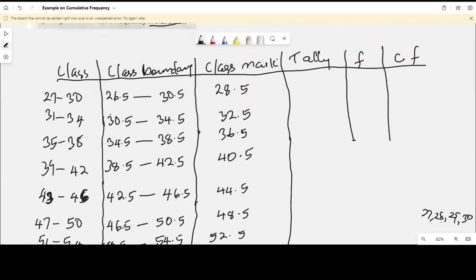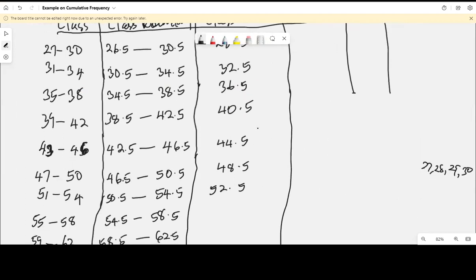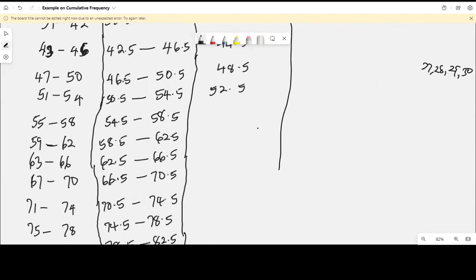The difference between 8 and 32 is 4. Difference between 32 and 36 is 4. Difference between 36 and 40 is 4. So instead of continuing to do the calculation, adding this to this and dividing by 2, just add 4 to this to get the next one. So 4 plus 52, that is 56.